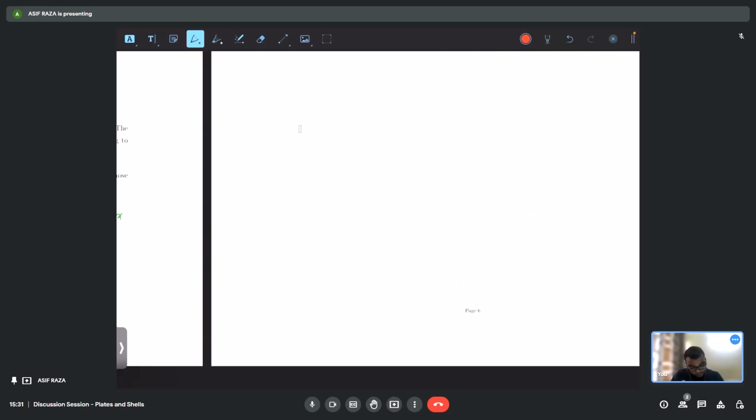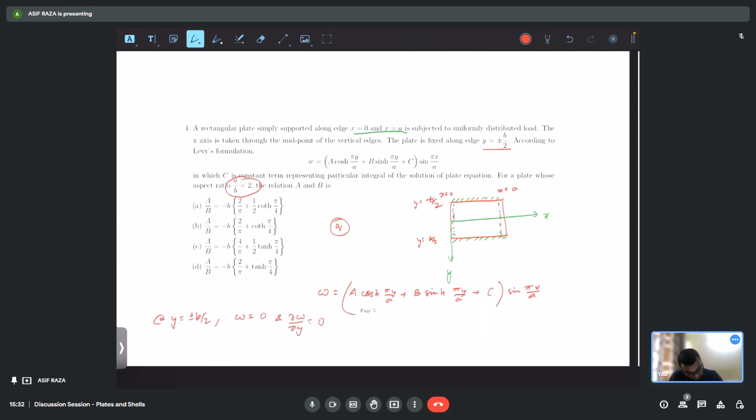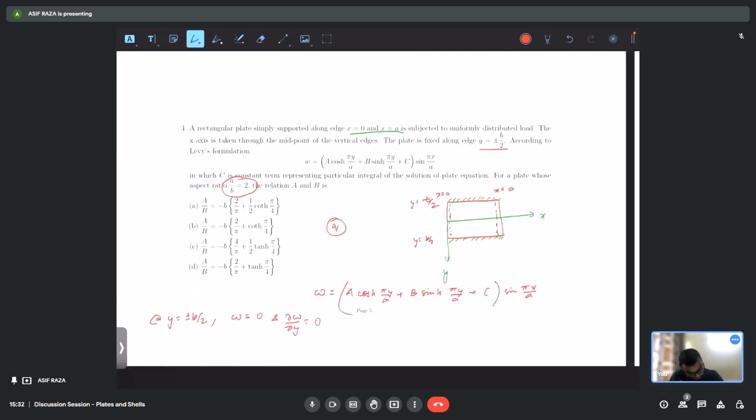If we take y equal to b by 2 and the condition w equal to 0, w is equal to A cosh of b by 2a. Okay, so this won't take us anywhere.